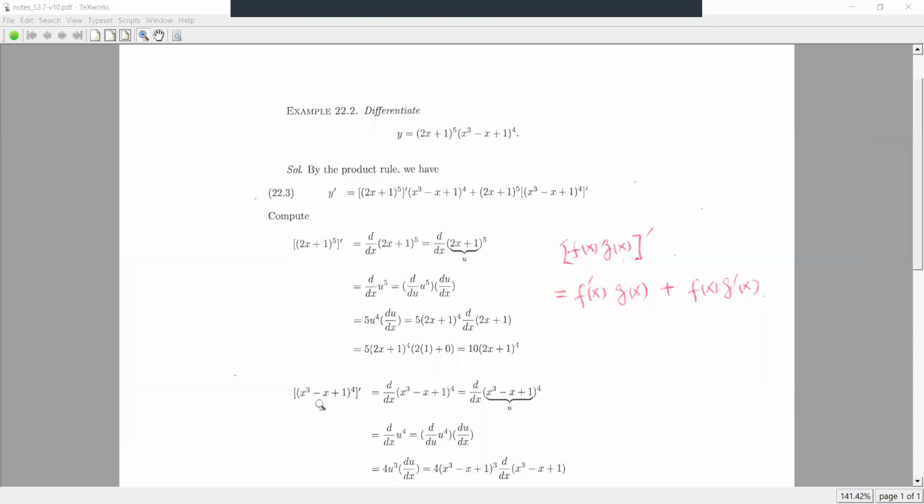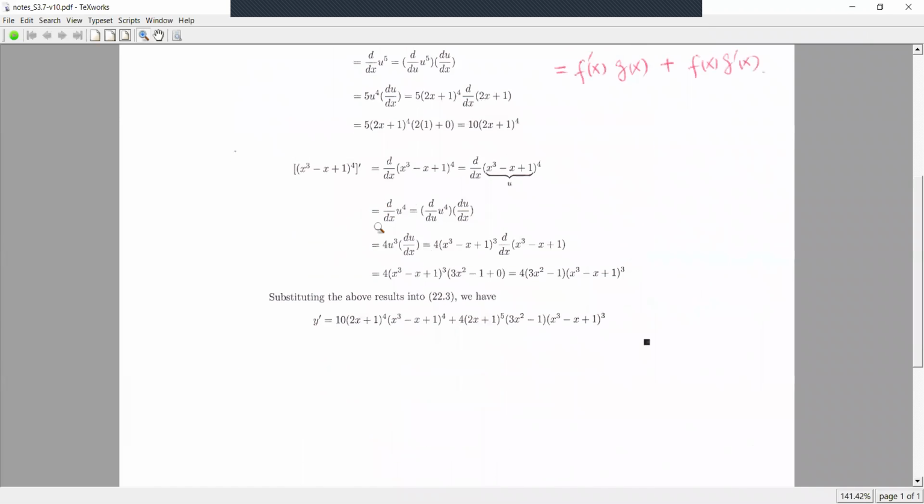Similarly, we compute this derivative by the chain rule, not by expanding the power. Let u be the base, x to the third minus x plus 1. Then this power function becomes u to the fourth. To find this derivative, we need the chain rule.